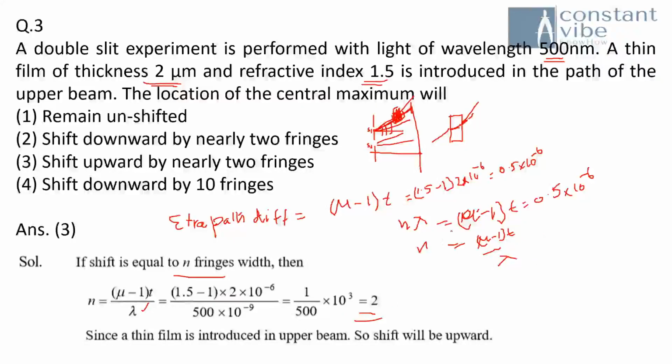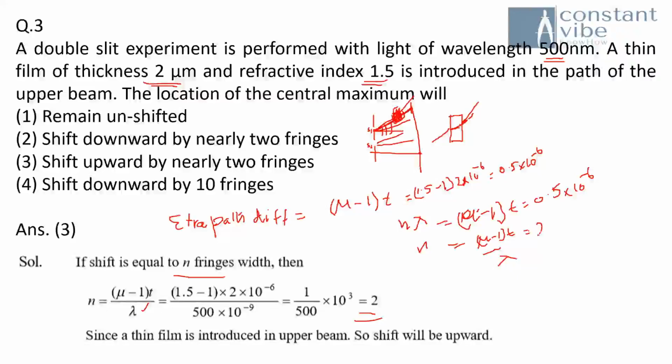1.5 into 2 to the power of 6, 5000 into 2 to the power of 9. This lambda is equal to 500 nanometer. So calculating this, we will be getting the value of n equal to 2.